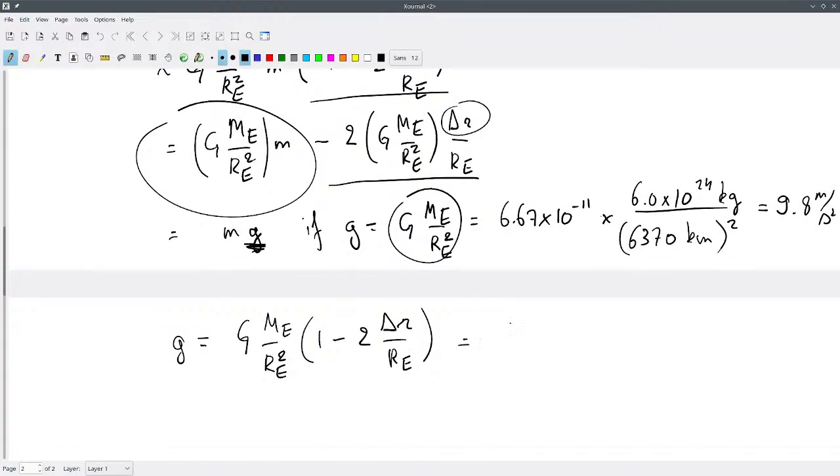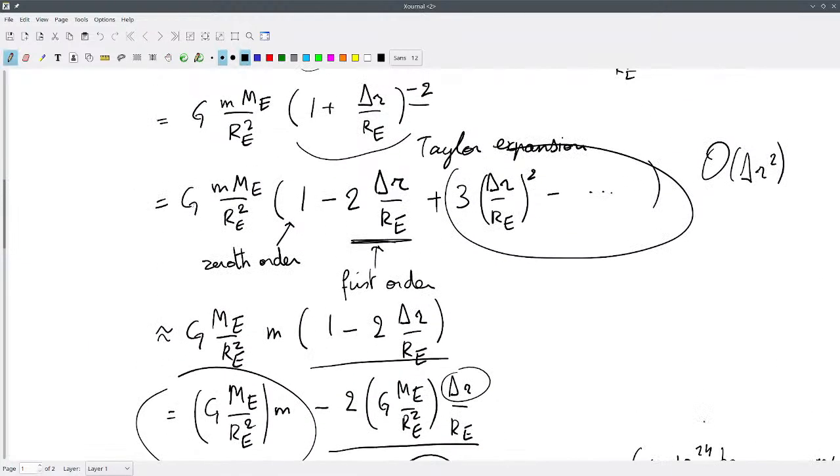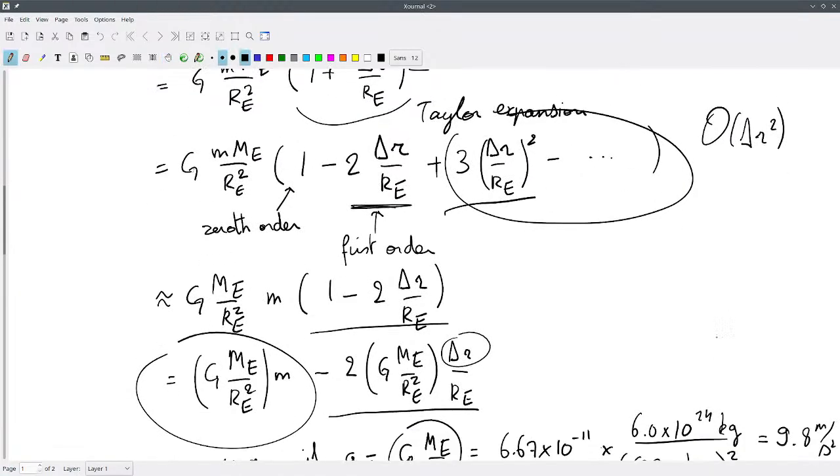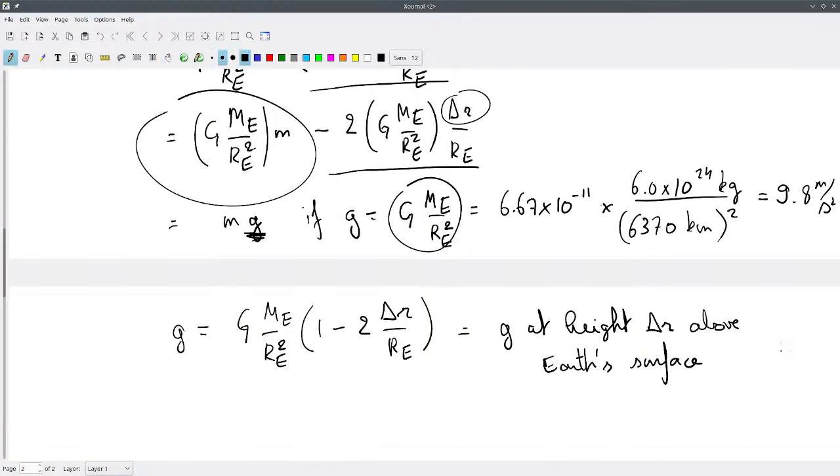So that is g at a height delta r above Earth's surface. And I could do this more precisely by taking the third order term. I can add additional terms to see how g really changes with respect to height.